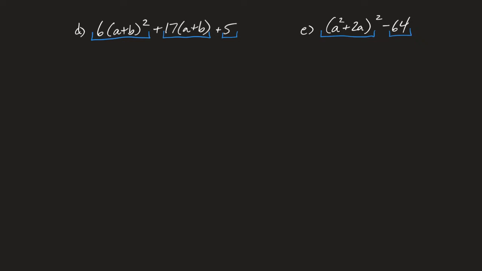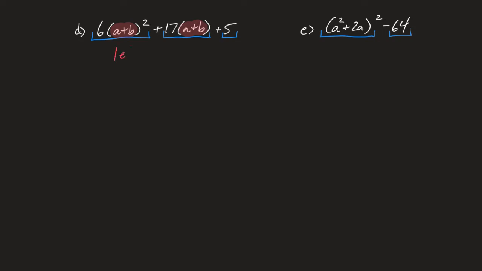This isn't a strategy to factor, it's just a general strategy to try to simplify the way something looks. So let's take a look at D right now. If we notice that we have this A plus B that pops up, and I see it multiple times, then one strategy we can use is substitution to try to simplify the way something looks.